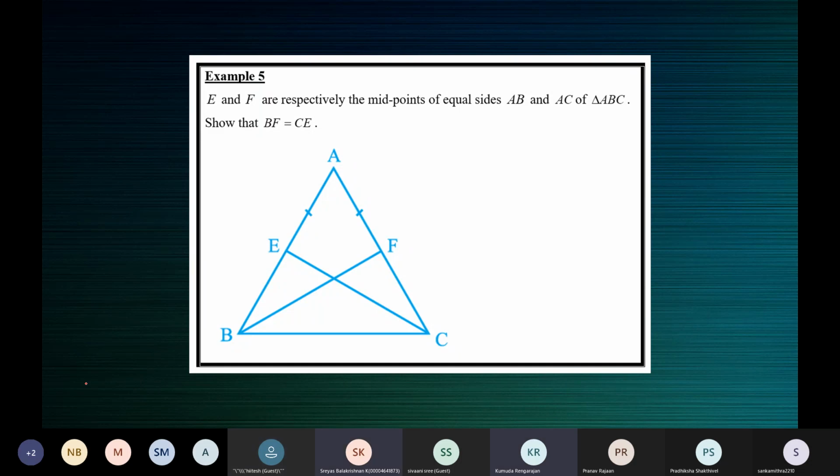Come again. Ma'am, triangle BFC is congruent to triangle BEC. Okay, so he wants to take up BFC. Hitesh, tell us BFC and BEC. Tell me one equality in these two triangles.